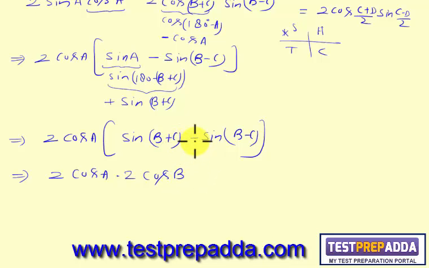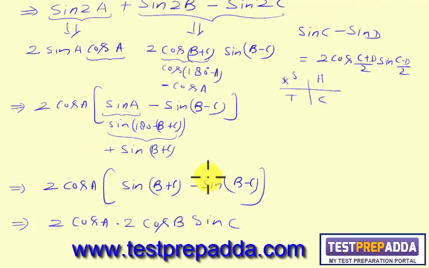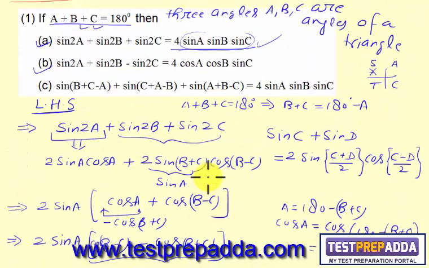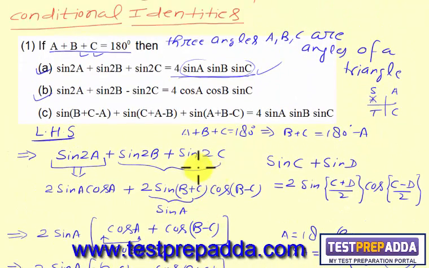Now, if you subtract, because it is sin of (C minus D), it will become what? This B will get cancelled. So at the end, you will get sin C. So look at this identity. 4 cos A cos B sin C we have to prove.